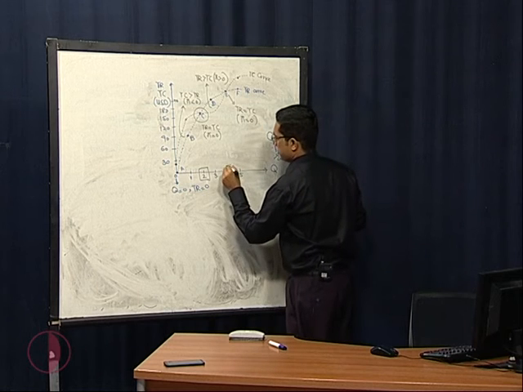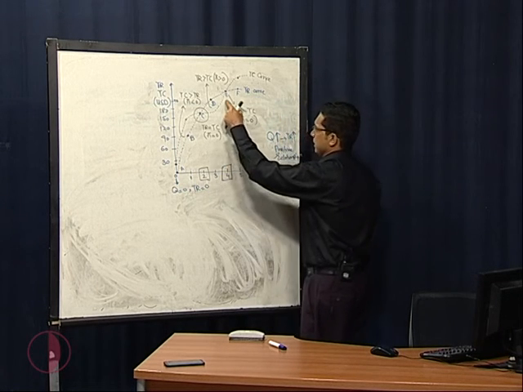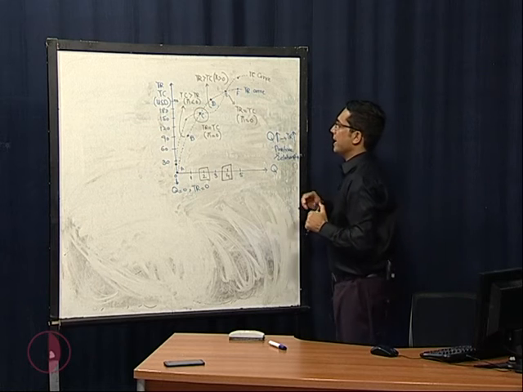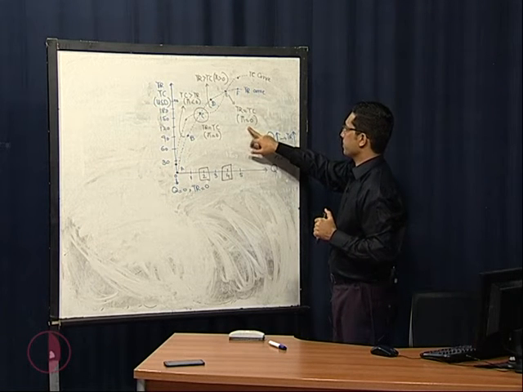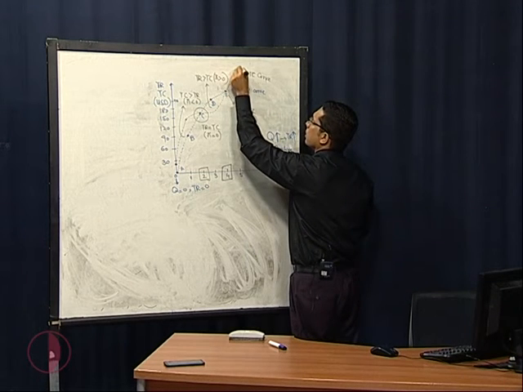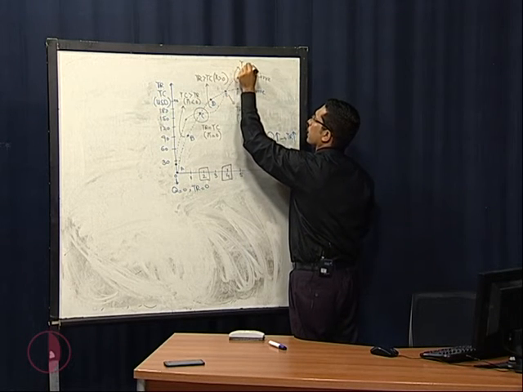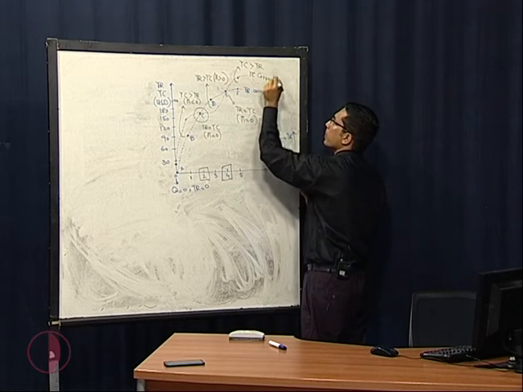Here, when the firm produces 4 units of output, the total revenue and total cost are again the same. That's why the firm earns nothing. Similarly, in this area, again, total cost is greater than total revenue.